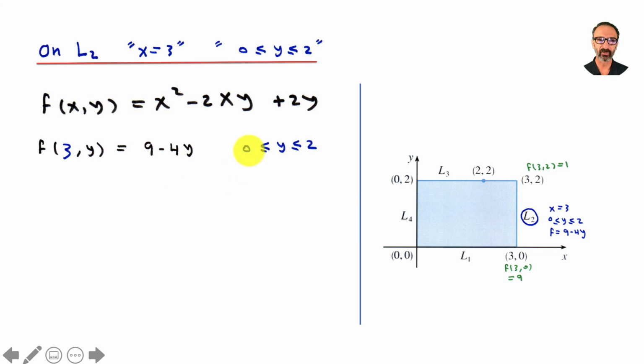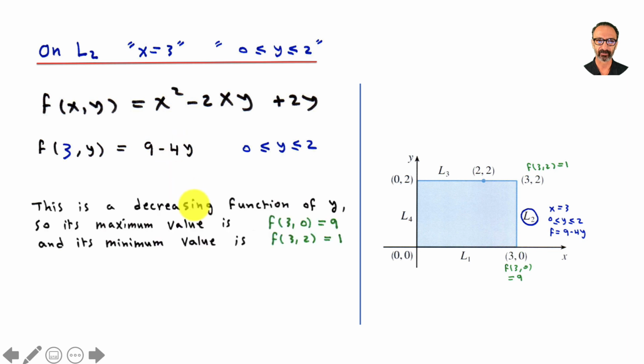Now if you go from 0 to 2 as your inputs right there, you have a negative slope, so your function is decreasing, tracing these points. So I just need to compare the endpoints and that should do it. Here I have 9, which agrees with the previous part when we were on L1, and at 3, 2 we have a value of 1.